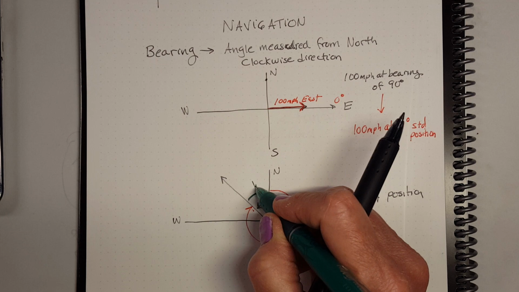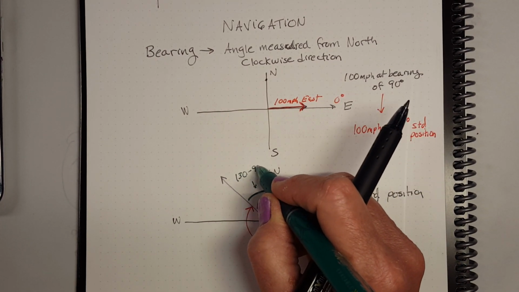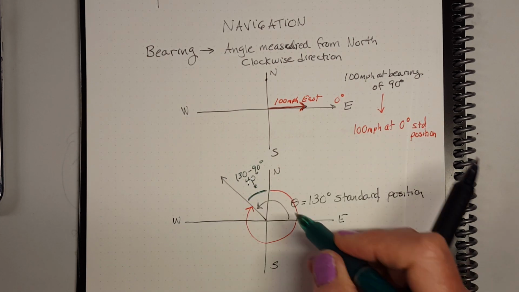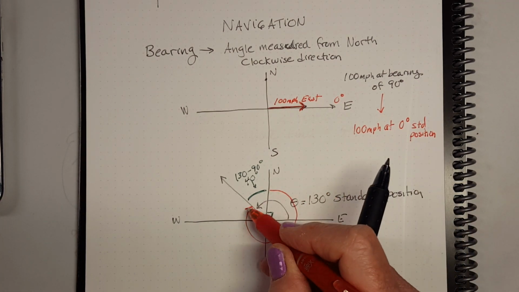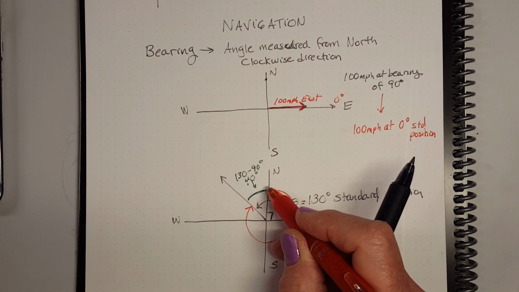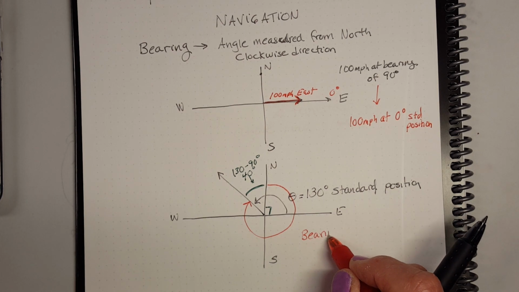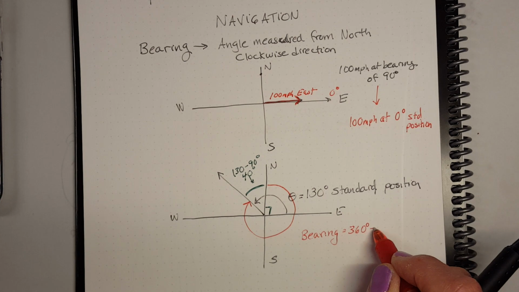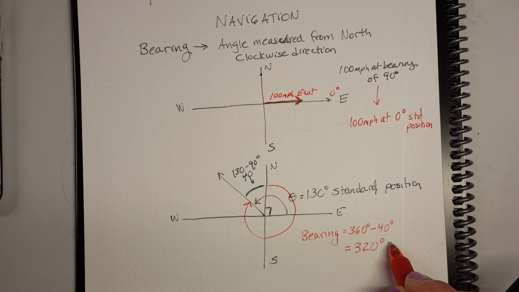Well, we know this angle in here is 130 minus 90 degrees. So that's a 40-degree angle in there, because this is our 90 degree, of course. And so our bearing is going to be 40 degrees short of going all the way around. So our bearing on this direction vector is going to be 360 degrees minus the 40. So the bearing would be 320 degrees.